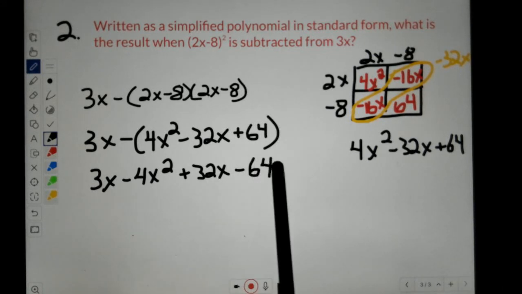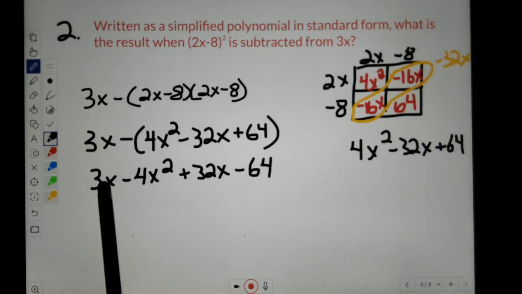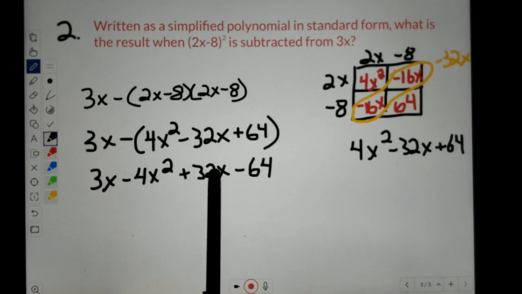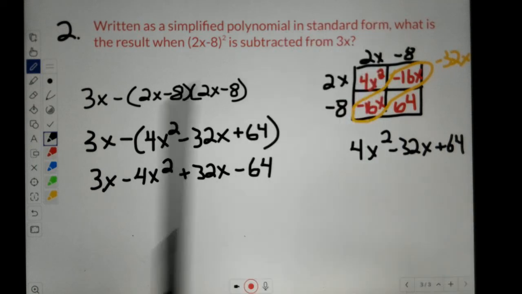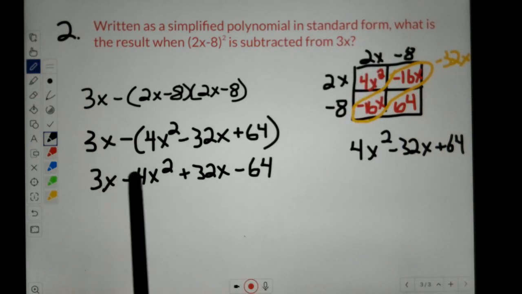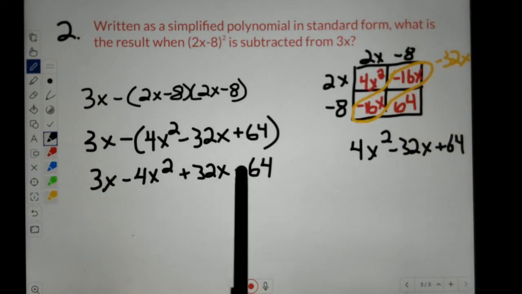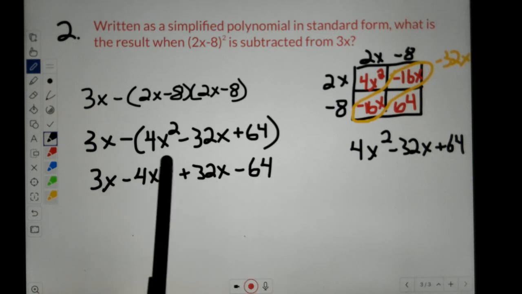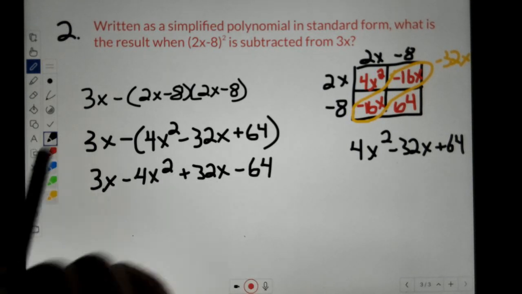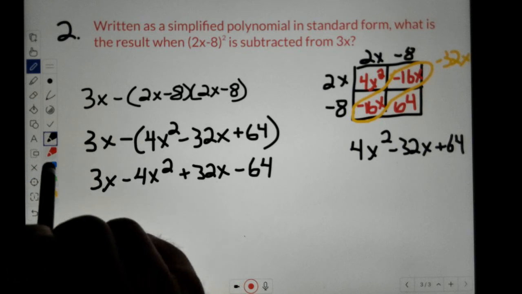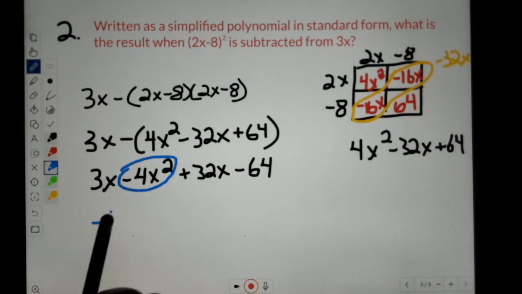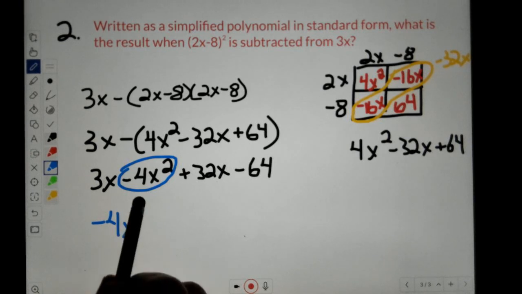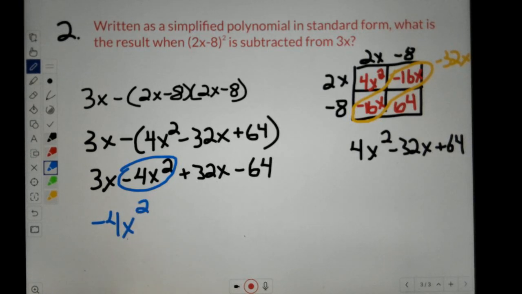Now at this point, we're going to do a couple things. We need to combine our like terms, and it wants it written as a simplified polynomial in standard form. Remember standard form: ax squared plus bx plus c. Okay, so we're going to start with our x squared. So we have this negative 4x squared, which is the highest exponent, 2.